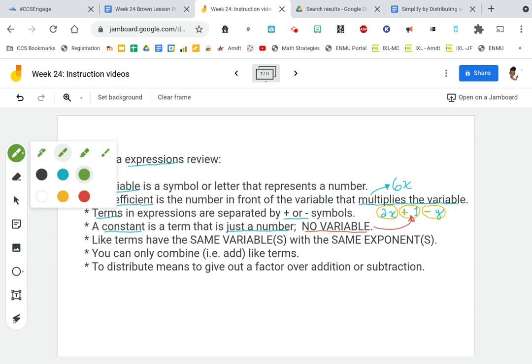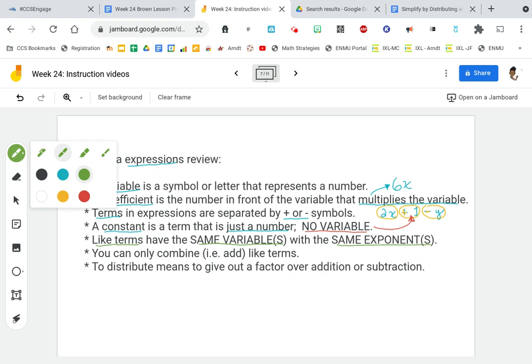Please remember that like terms have the same variable or variables with the same exponents. And you can only combine like terms. If your terms do not contain the same variable, you cannot combine them.